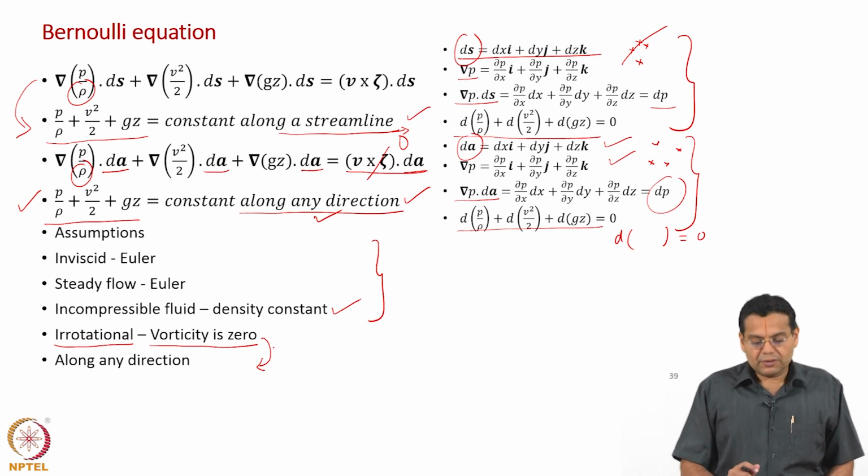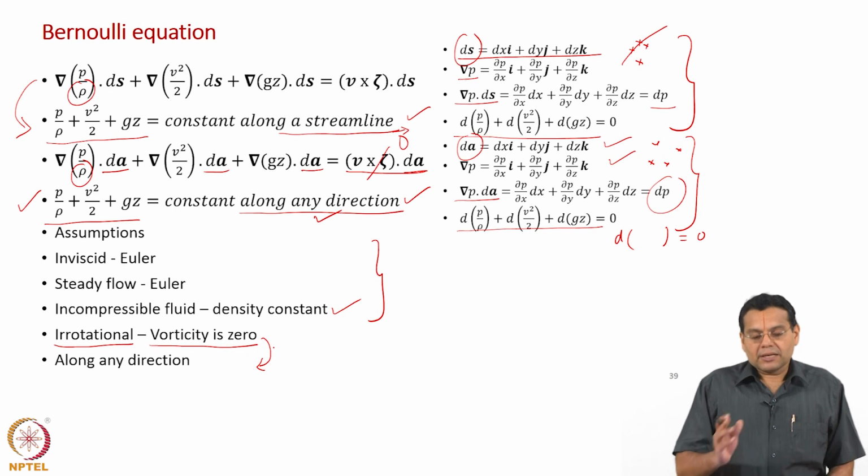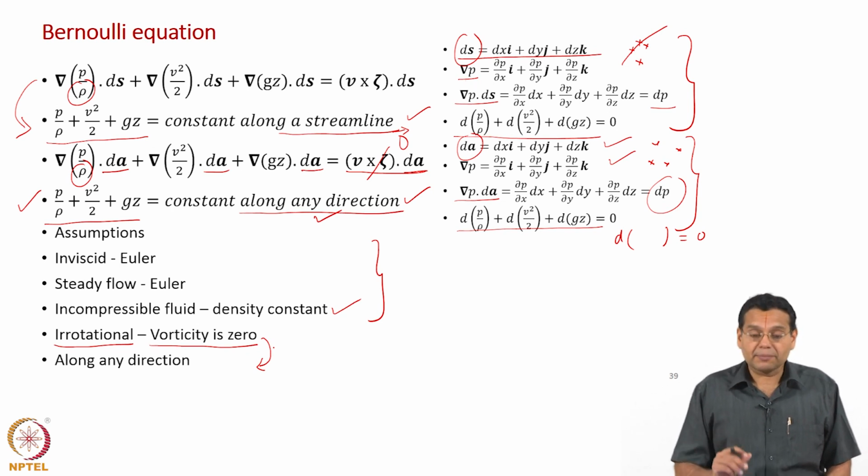Okay. Now, I would like to mention that if you look at a typical fluid mechanics book, Bernoulli's equation is discussed, let us say, in the third chapter. First chapter on fundamentals, second chapter considers fluids at rest and rigid body motion, and in the third chapter itself Bernoulli's equation is discussed. How do they derive it then?